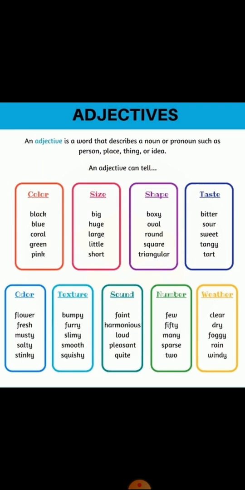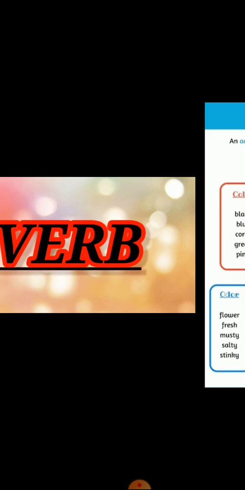Now, let's move towards another part of speech, that is verb. So, children, in our daily life, we do a lot of things, right? Now, while you are studying, if someone asks you, what are you doing? You will say, I am studying. While eating, if someone asks you, what are you doing? You will say, I am eating.